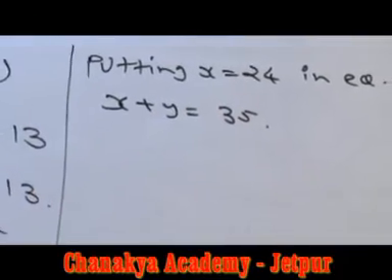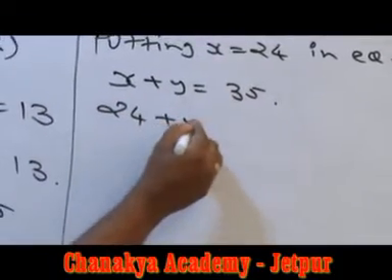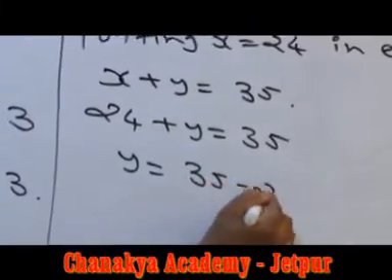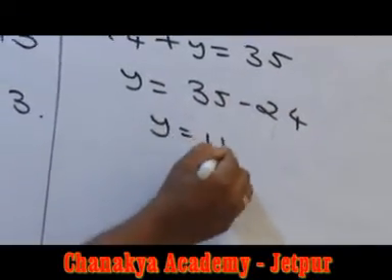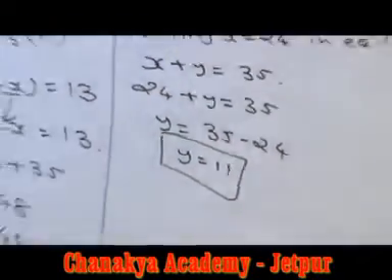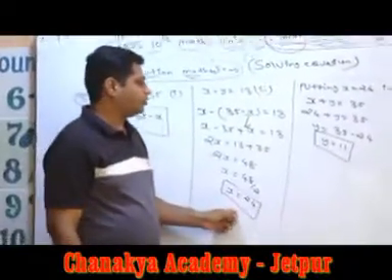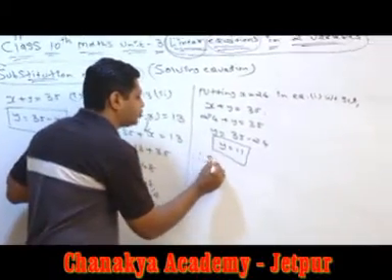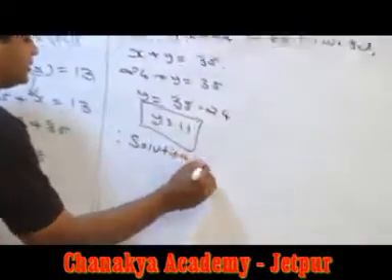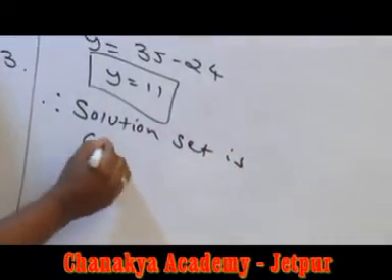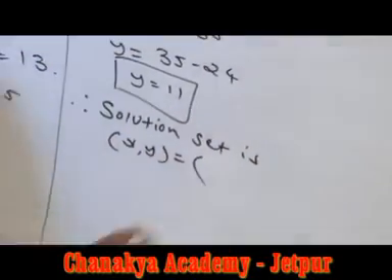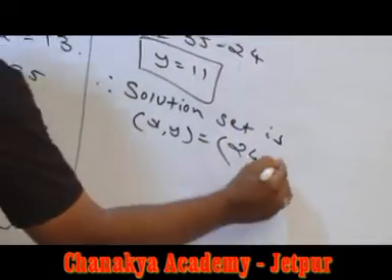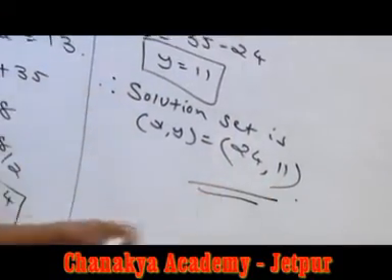Inputting the value of x equal to 24 plus y equal to 35, y equal to 35 minus 24, y equal to 11. Okay, we have arrived at both the values of x equal to 24 and y equal to 11. Therefore, solution set is x comma y equal to value of x is 24 comma value of y is 11. Students, here we get completed.